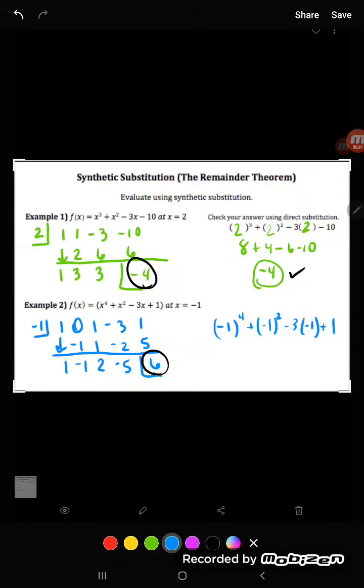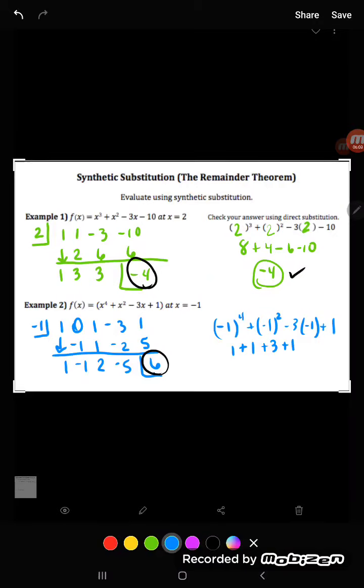Please use the parentheses. So -1 to the 4th power is just 1. -1 to the 2nd power is just 1. -3 times -1 is going to give me a +3. And then I bring down the 1 on the end.